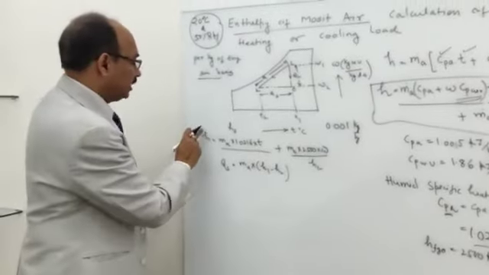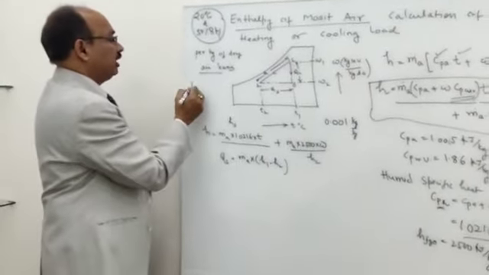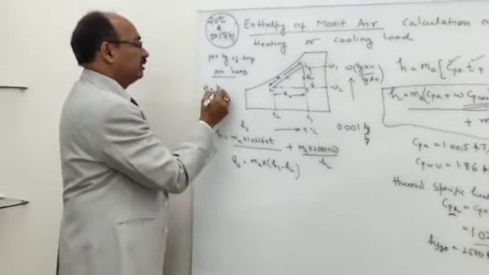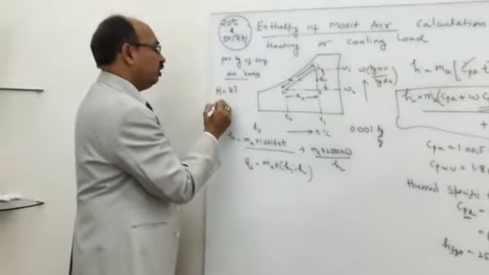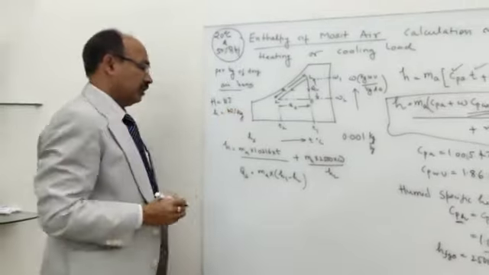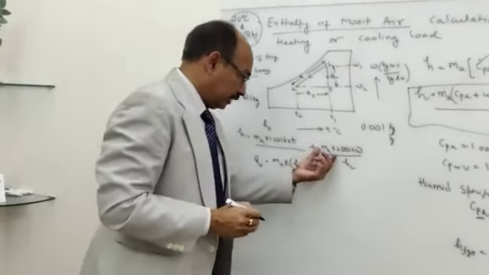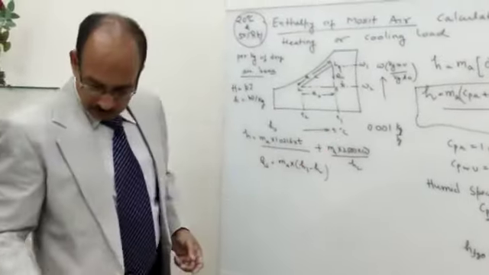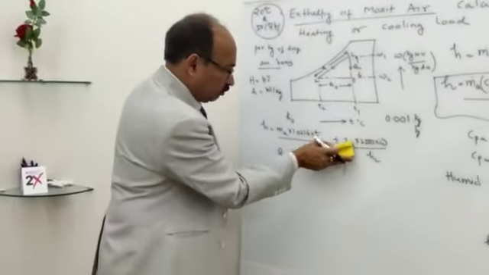Actually I should have written capital H because there is a customary: capital H means kilojoule and small h means kilojoule per kg. So if mass flow rate is not there, it is small h. So we can write like this without mass flow rate.